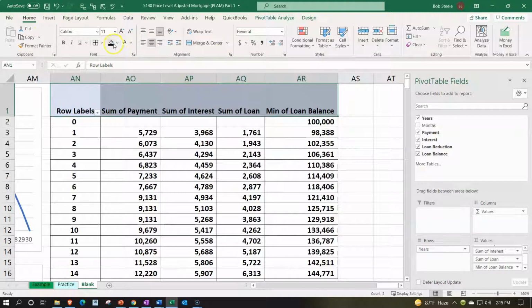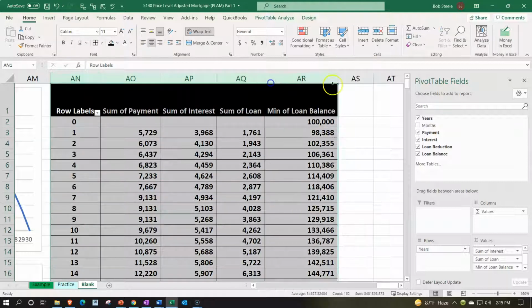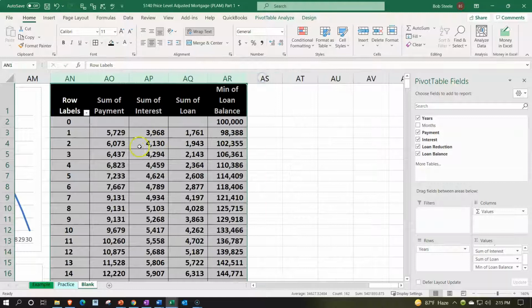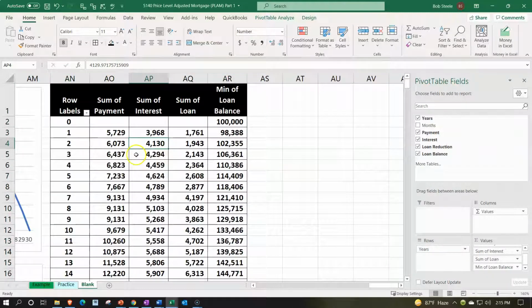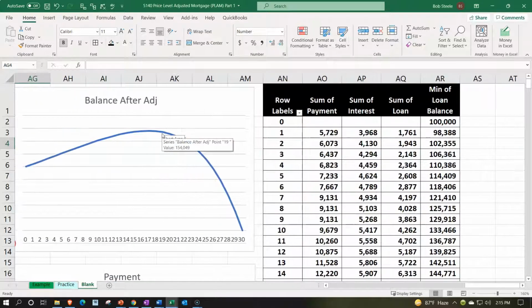We can then go to the black and white. Did we wrap the text? Let's wrap the text on this thing. Center that. All right. And then we'll squish these cells together. And that'll give us our information there. We can refresh this and we can look at our interest calculations here, which are often useful when we're taking into consideration tax implications. So there we have it.